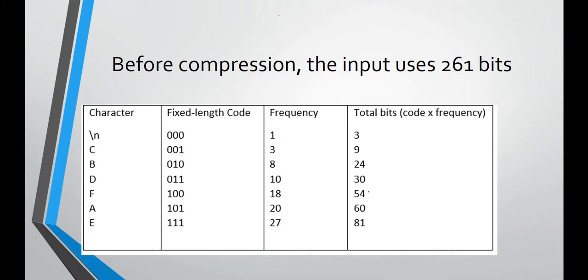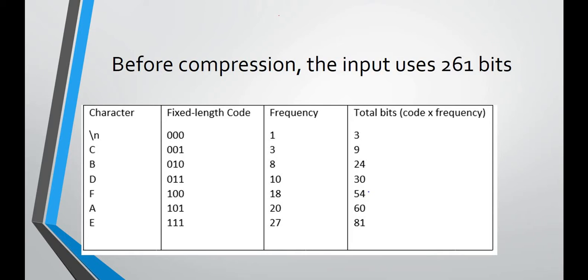Okay, I will explain now with an example. I think this is going to be easier this way. Here we have an input that uses 251 bits before the compression. There are 7 characters. The characters are displayed on the left. Their fixed length code is a 3-bit code, and their frequencies are in the frequency column, and the total bits is obtained by multiplying the 3-bit code by the frequency.